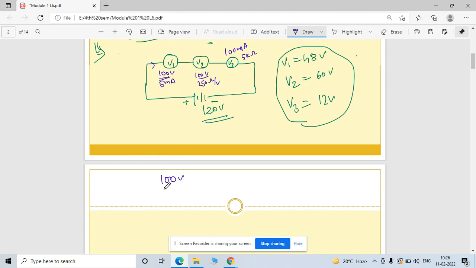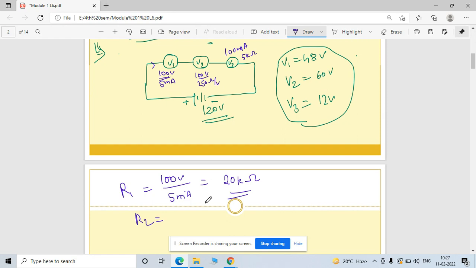So 100 volt divided by 5 milliampere gives you the resistance of V1, voltmeter 1. So what is the value? 20 kilo ohm, right? Because this milliampere goes in the numerator side and becomes 10 to the power of 3. This is a simple calculation. 100 divided by 5 is 20. Okay, so this is for meter 1.